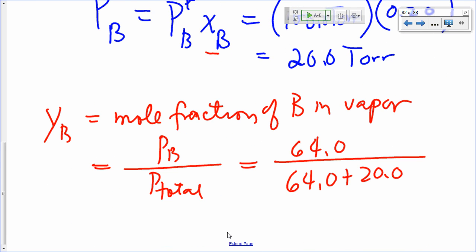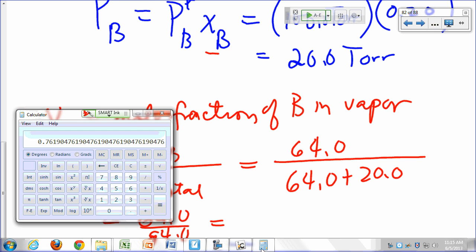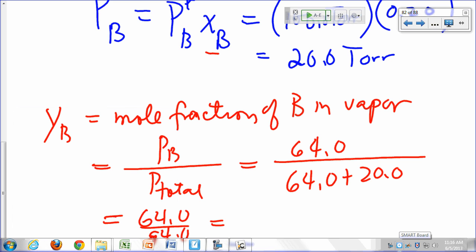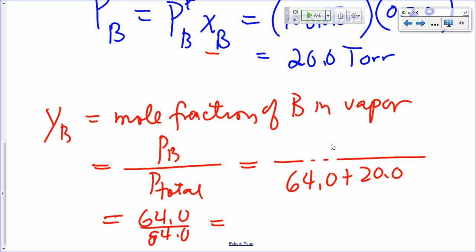So this will be 64.0 over 94.0. What's 64 over 94? Not 94, 84. 64 divided by 84, it's 0.76. Oh, I'm sorry, it's not 64. Partial pressure of B is 20.